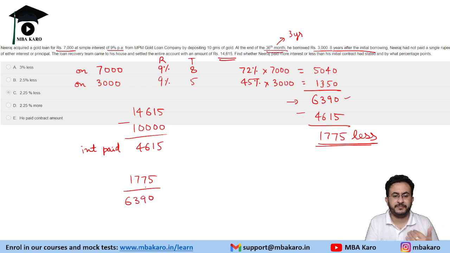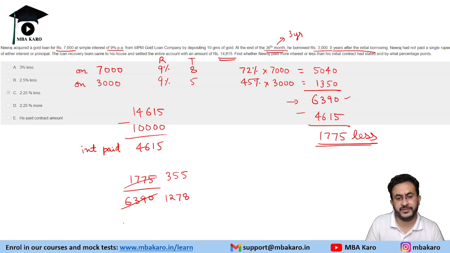So we can divide by 5. It will be 355 over 1278. Next, this is not divisible by 5. 71 is one such number.